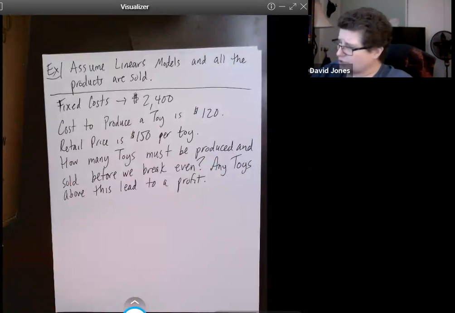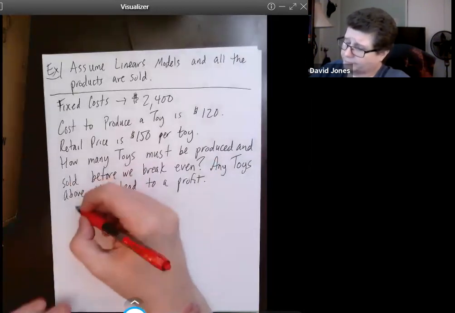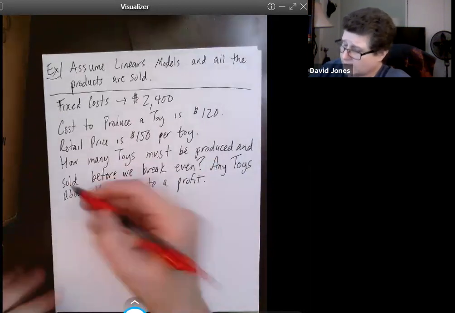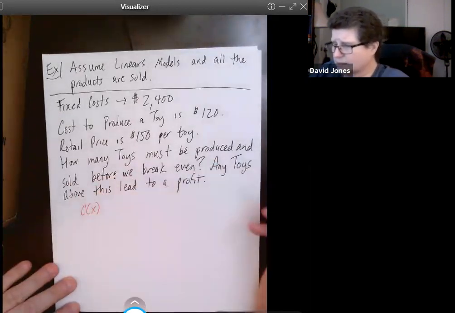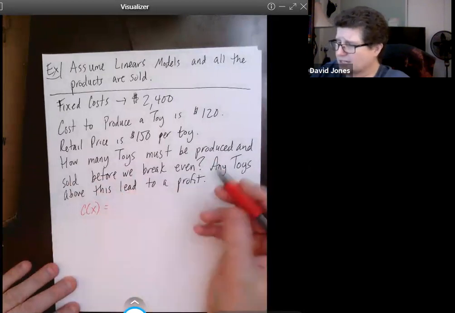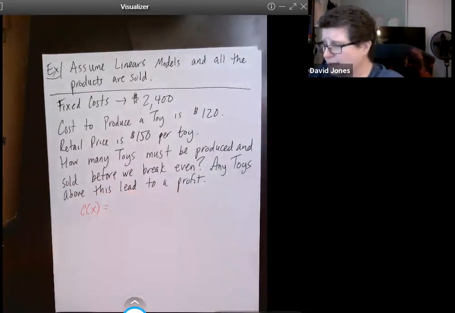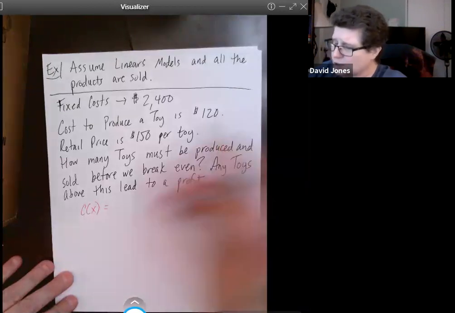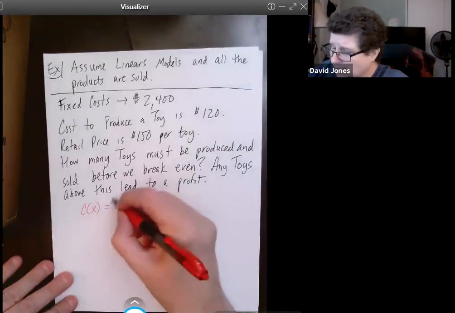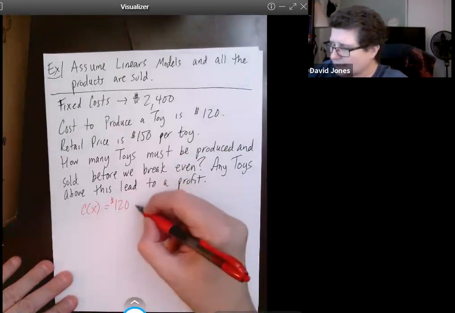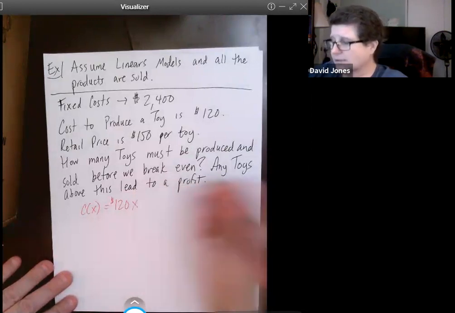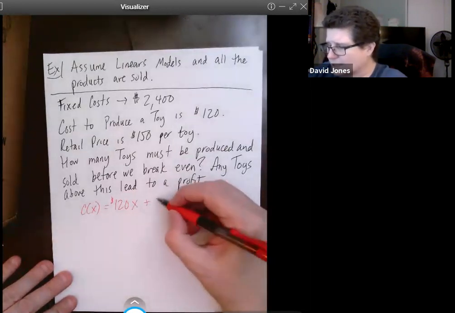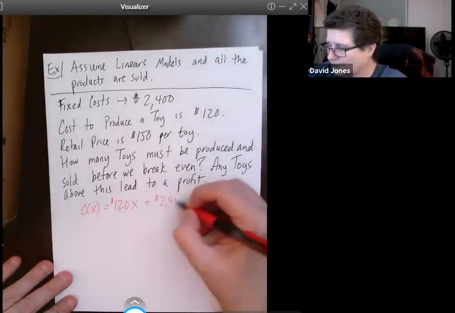So my cost function, remember, C of X is MX plus B. We have the cost it takes to produce one toy times the number of toys we make. Let's say we make X toys. And even if we produce no toys, we still have overhead costs, $2,400.